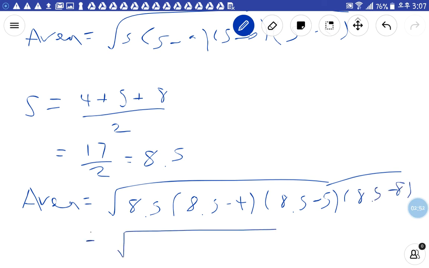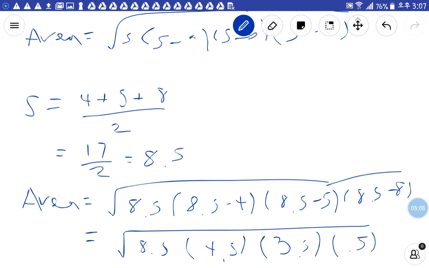Okay, now I have 8.5 times 4.5 times 3.5 and 0.5. So you have to plug this into the calculator.